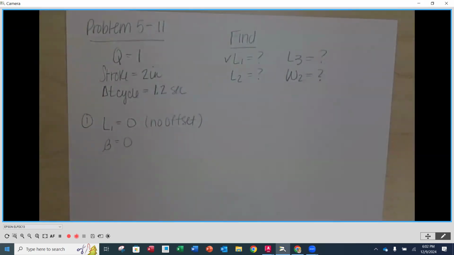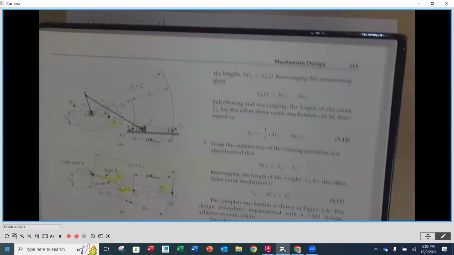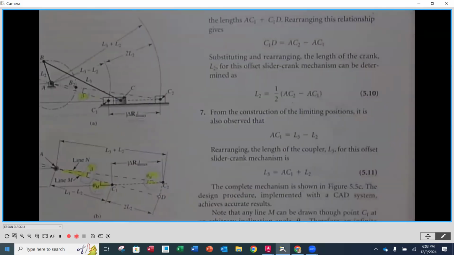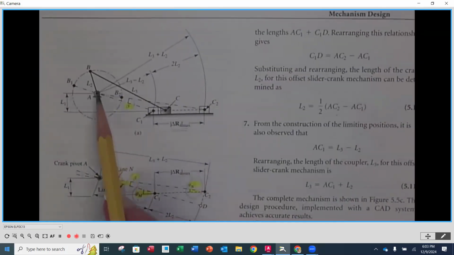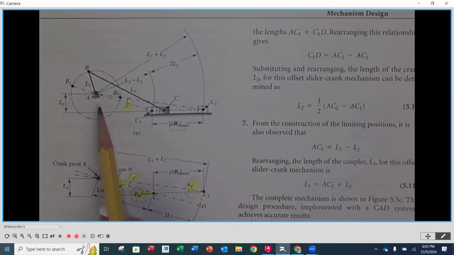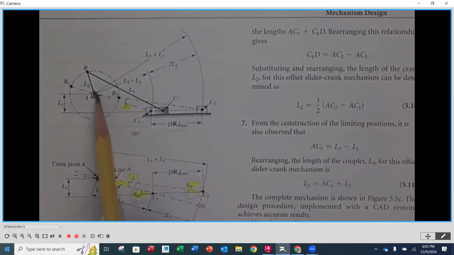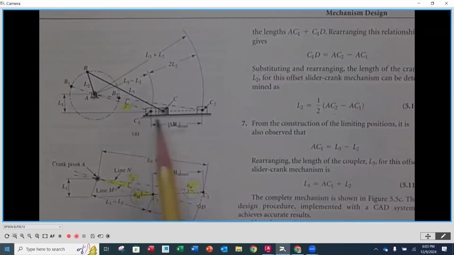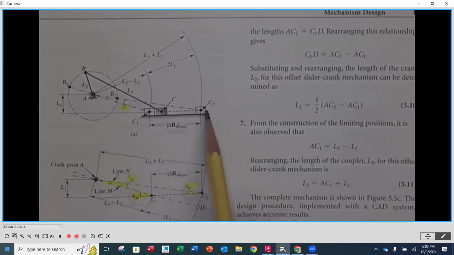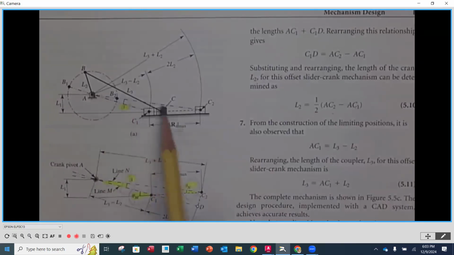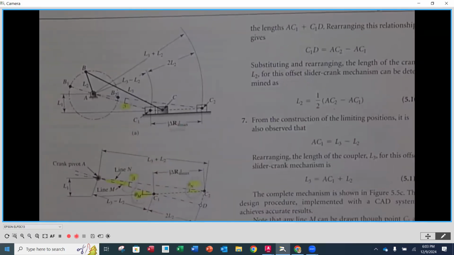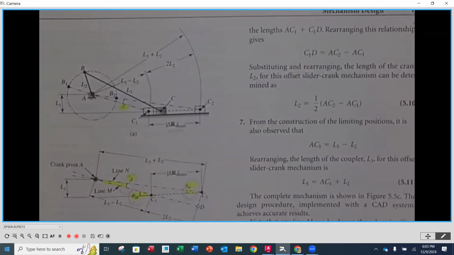Now, what is beta? We also haven't looked at that. Let's take a sneak peek at beta. When we have this offset slider crank mechanism, it's the angle created between the AC1 when we have our slider all the way in and our slider all the way out. It's this angle between those two. It's called the imbalance angle.